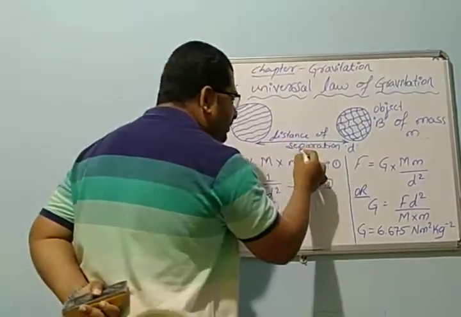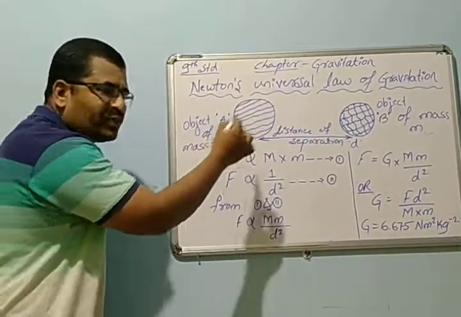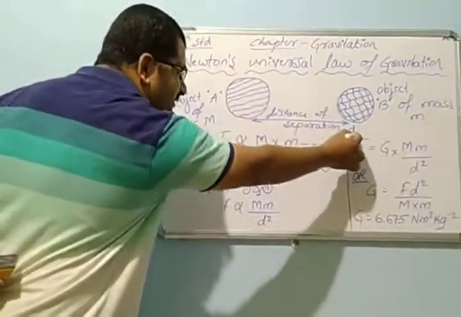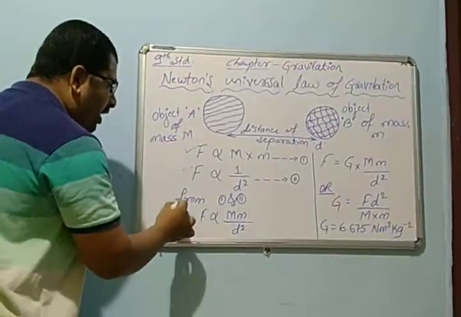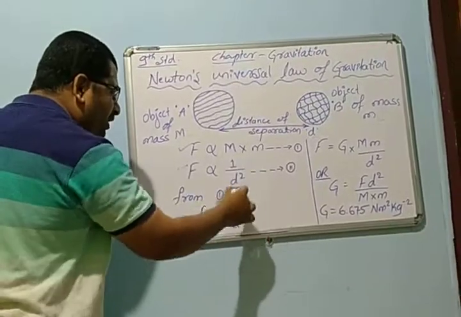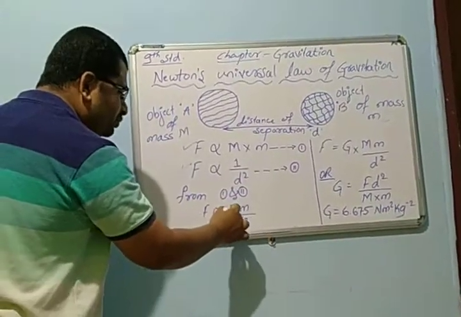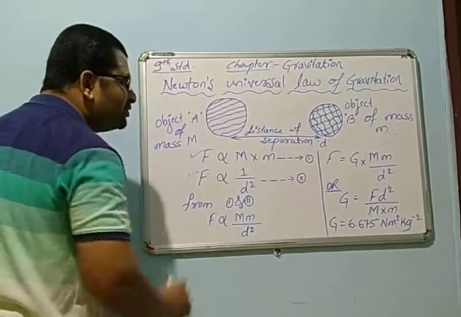The distance of separation between object A and object B is d, that is F is proportional to 1 by d square. And from equations 1 and 2, F is proportional to M into m by d square.